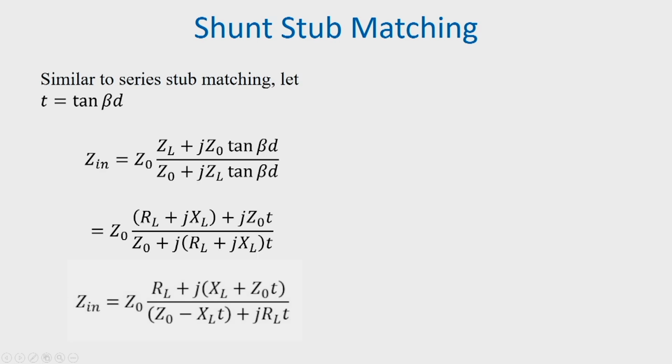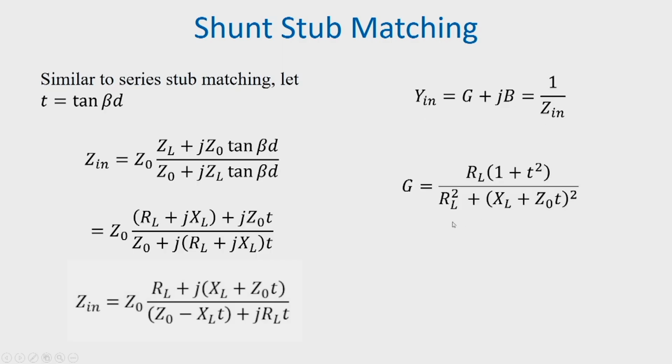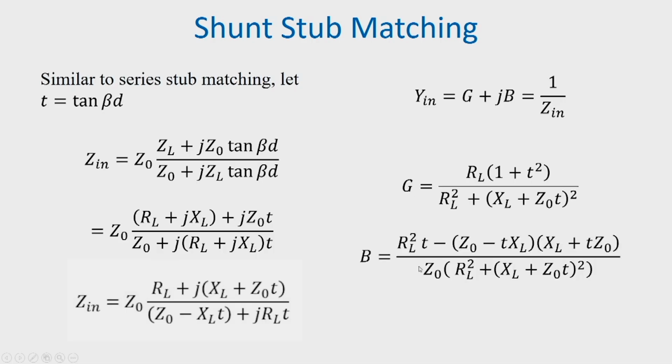Z in is equal to Z naught (RL plus jXL plus jZ naught t) divided by (Z naught minus XL t plus jRL t). Now, y in, G plus jB, is equal to 1 by Z in. So, from this expression we can calculate the expressions for G and B.